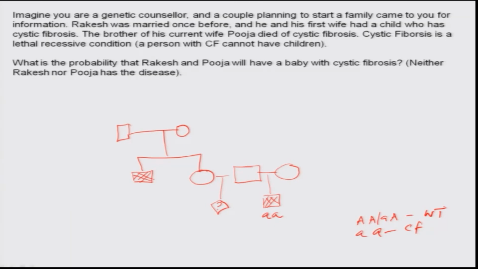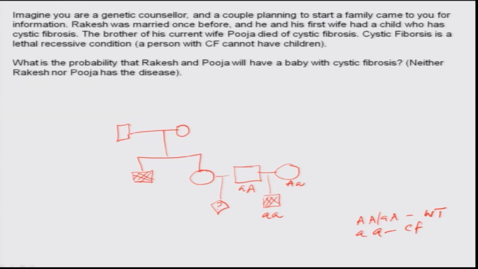Yes, we can. And this guy, Rakesh, is normal, therefore you would expect him to be heterozygous for the mutant allele, because he is normal, but his son had the disease. So, he must have contributed one of the bad alleles. Likewise, his first wife. Now, what about Pooja, his second wife? So, let us look into that.